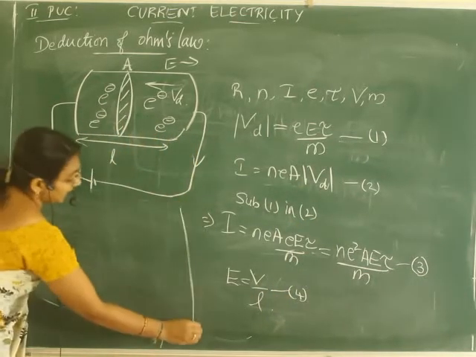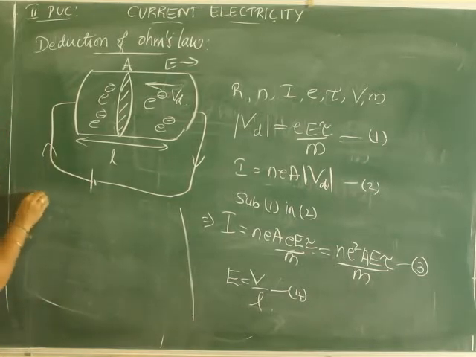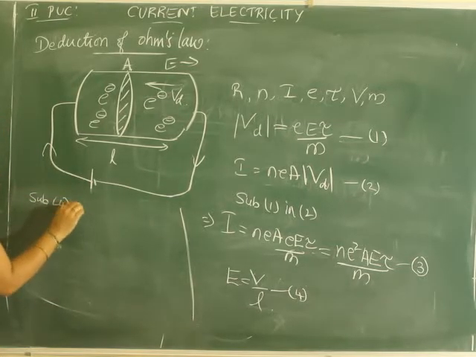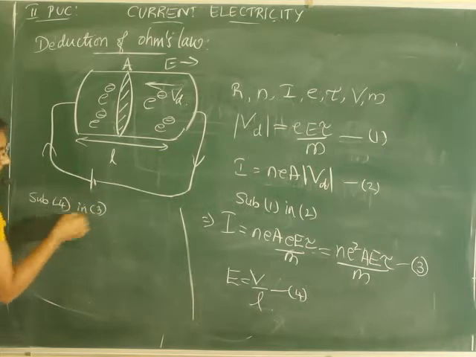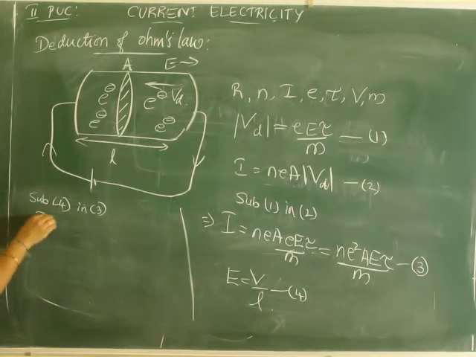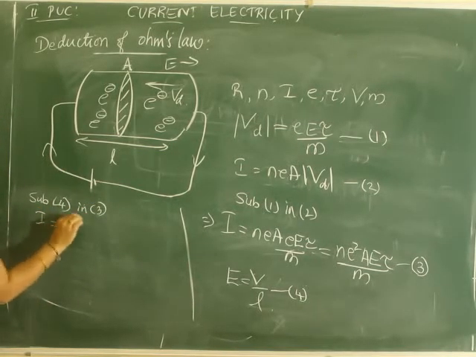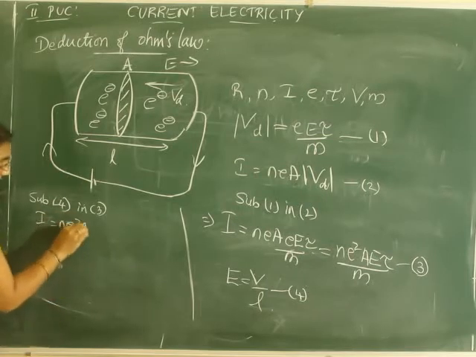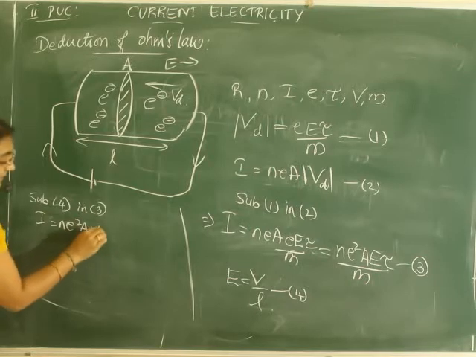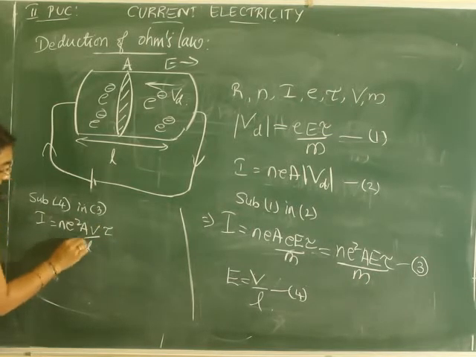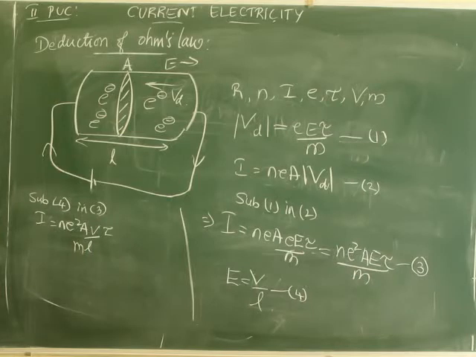So what do we get when we substitute? I = Ne square A, in the place of E, V by L, times tau by M. I = Ne square A V tau by ML.